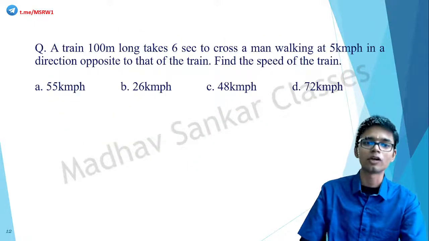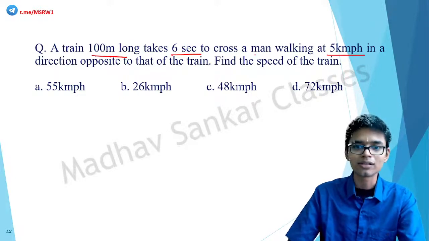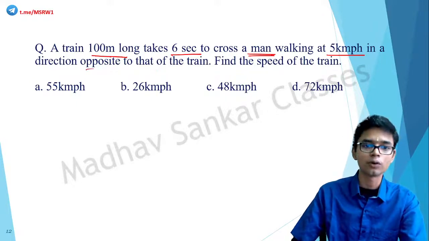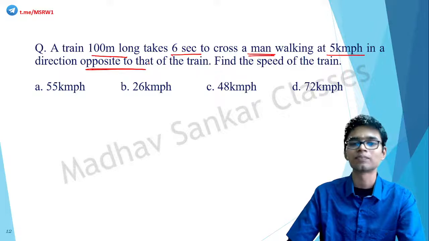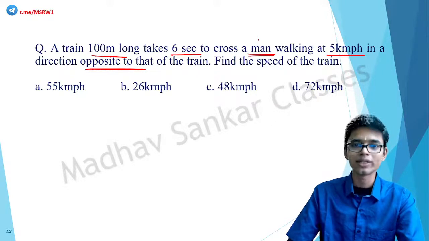Okay, moving on. A train 100 meters long takes 6 seconds to cross a man walking at 5 kilometers per hour in the opposite direction to that of the train. Find the speed of the train. So it is a man, which means the length of the man is insignificant, so we do not have to consider that.